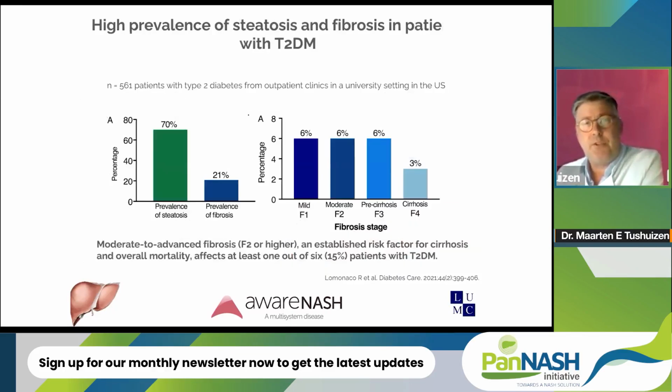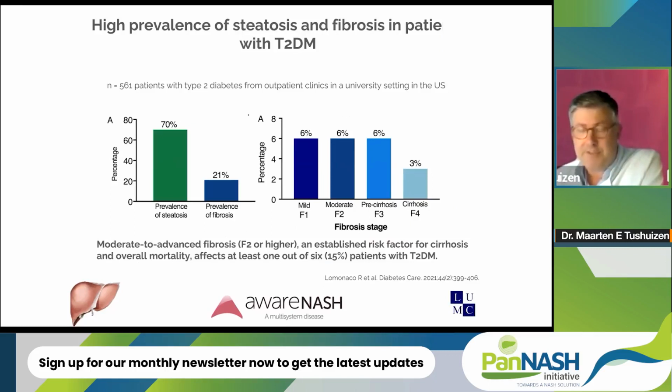This slide also shows you the prevalence of steatosis and fibrosis in 561 patients with type 2 diabetes. They were attending the endocrinology outpatient clinic or primary care, and they were unaware of having NAFLD. Patients were screened by elastography for steatosis and fibrosis.